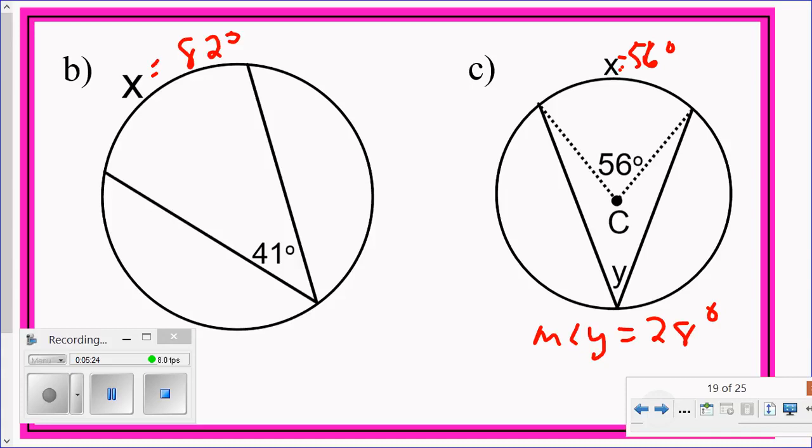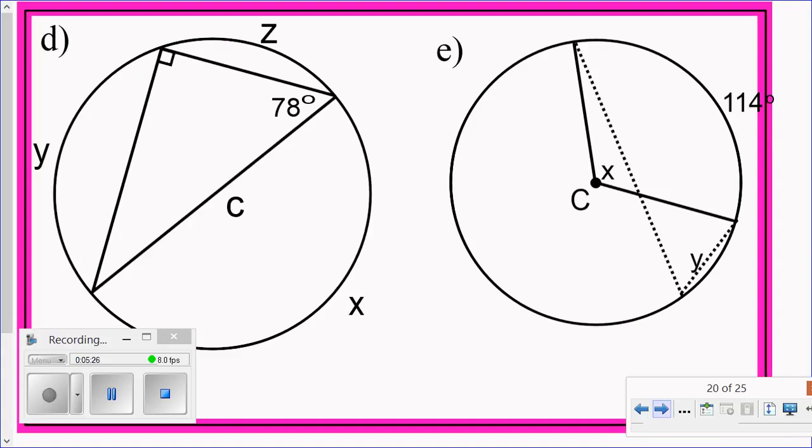Let's take a look at the next one, or the next couple. This time I'm seeing a triangle inside the circle. If I follow this inscribed angle, and this often helps because sometimes it's hard to see, if I start at the vertex of the inscribed angle and I follow its sides out, that leads me here and here.